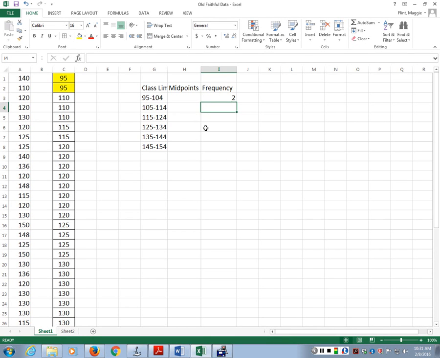Of course I could just type them in off my sheet, but if I'm starting from scratch, it's easy to get it right here off of Excel. The next group goes from 105 to 114. Well, 115 is too big, but all these other numbers should be in there. That tells me down here at the bottom that there's 3 of those.